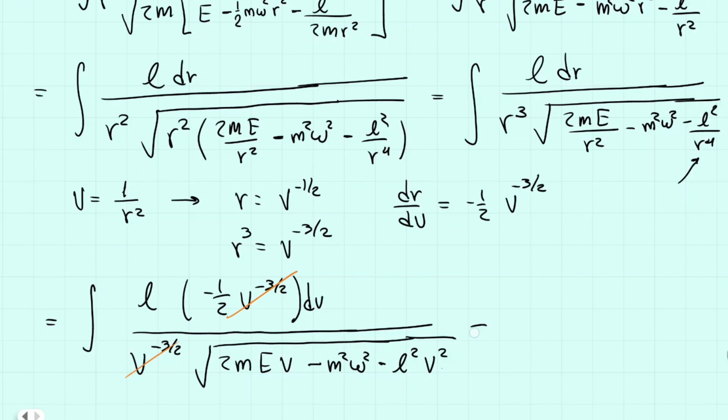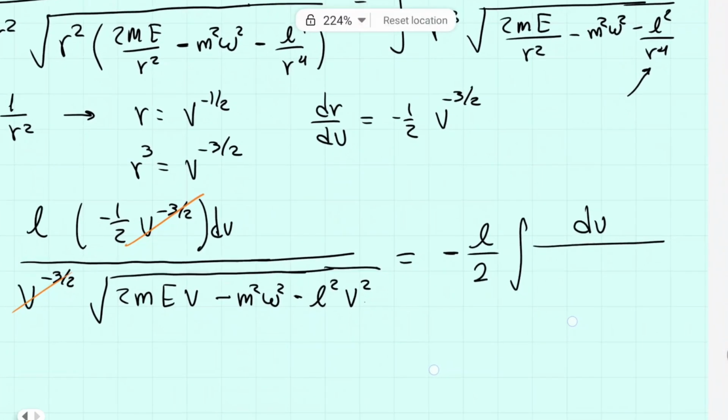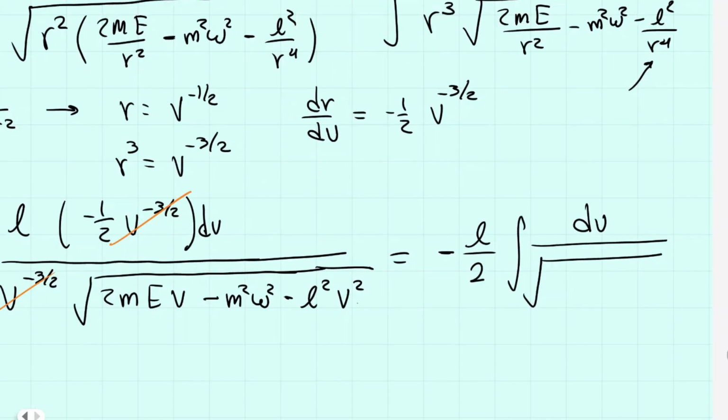And we are going to get negative L over 2 times the integral of dv over the square root of 2mEv minus m squared omega squared minus L squared v squared.